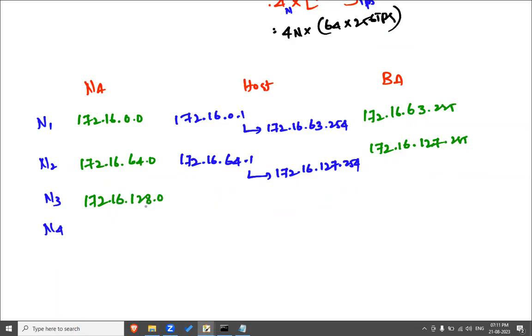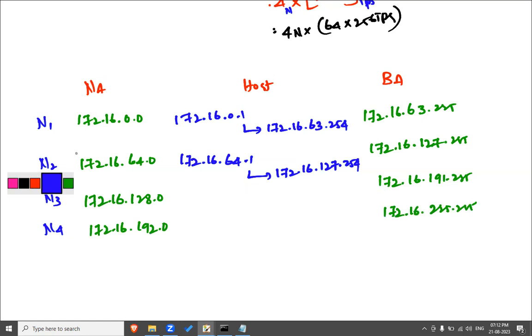172.16.128.0, that's the network address. And the broadcast address is 172.16.191.255. I'm writing only the network and broadcast address. When you copy it, please write the host IP also. Then network number 4: 172.16.192.0, and the broadcast is 172.16.255.255.